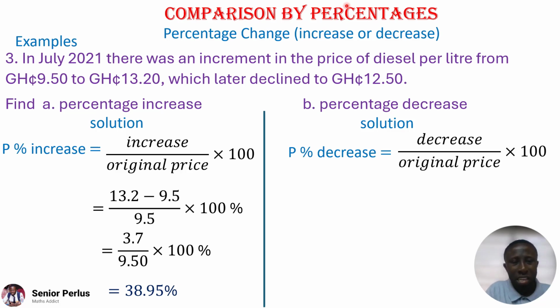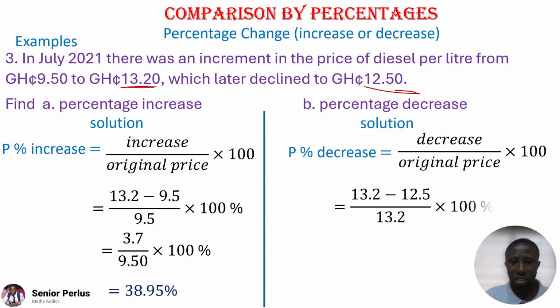So now it was 13 cedi 20 pesewas, then it reduced, maybe there's reduction in the dollar, to 12 cedi 50 pesewas. So now our original for this is 13 cedi 20 pesewas, then reduced to this. So you find the difference, 13.20 minus this, because it was this before reducing to this. So this is our original price. Then multiply by 100, and this is your answer. Very simple. Good.